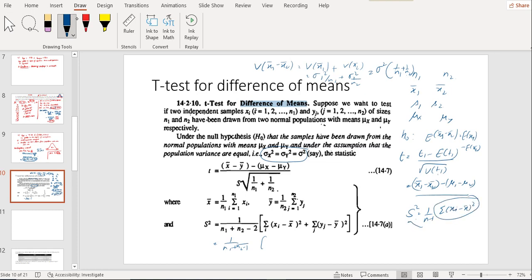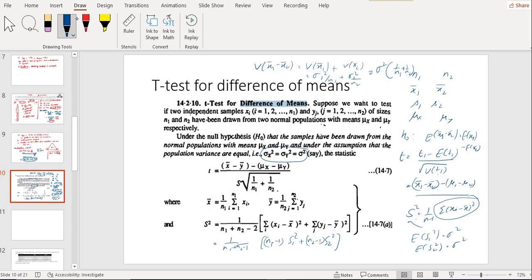So what is the value of this one? This is 1 upon n1 plus n2 minus 2 times n1 minus 1 times s1 square plus n2 minus 1 times s2 square, right? So because expectation of s1 square is equal to sigma square, and expectation of s2 square is equal to sigma square, because both are unbiased estimators of population variance.